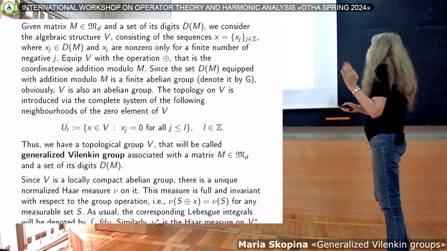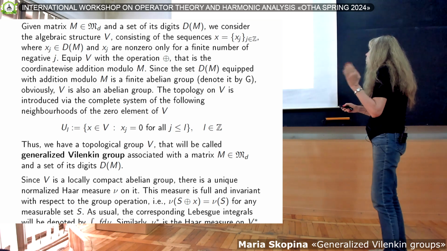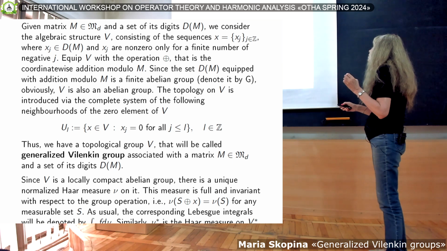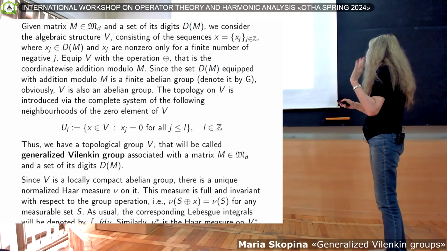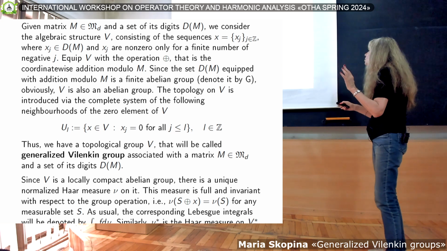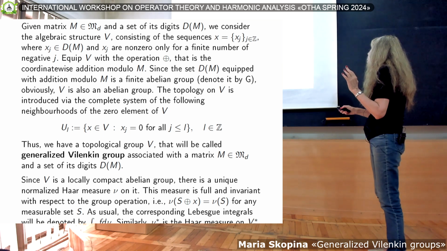Then note from the general theory of topological groups, it is not difficult to see that V is a locally compact abelian group. It follows from the Tikhonov theorem. It doesn't matter, it is known. It is known that there is a unique normalized Haar measure nu on such a group.